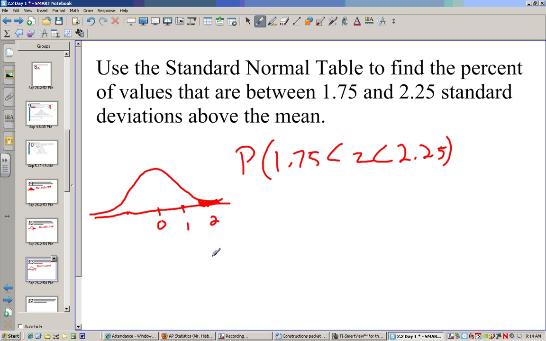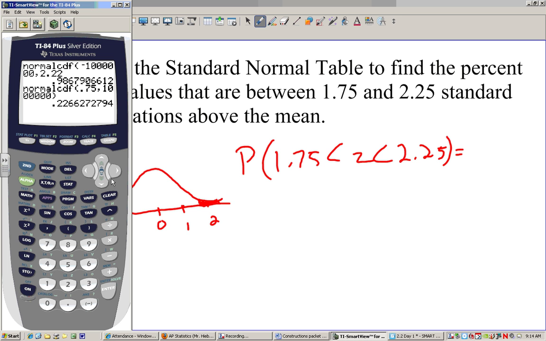That's got to be a real small number in here of what I shaded in. So I would say that that might be 2%. To figure it out, I'm going to do a normal CDF from 1.75 to 2.25 to get 0.0278.